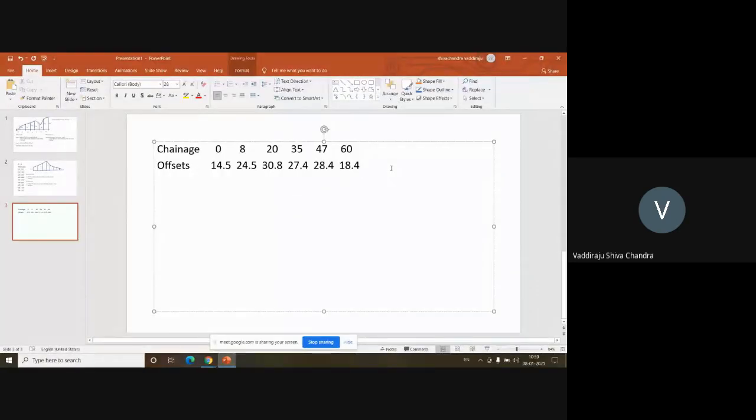Calculate the area between chain line, boundary and end offsets. Please try to solve this.